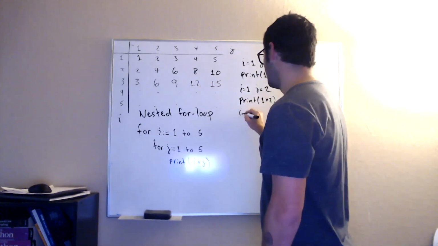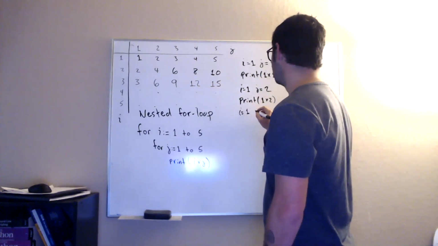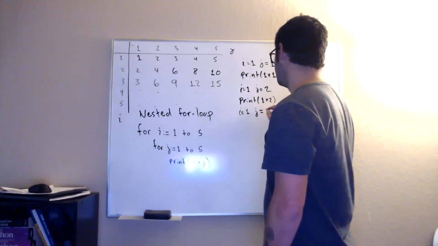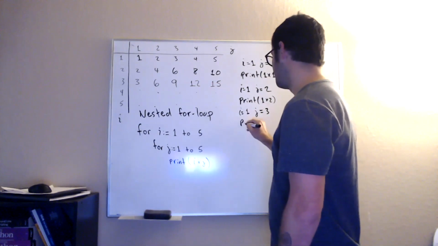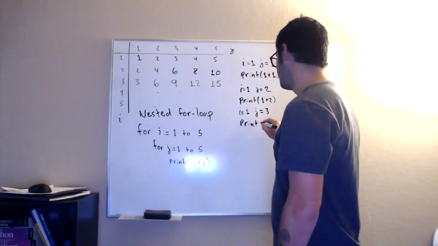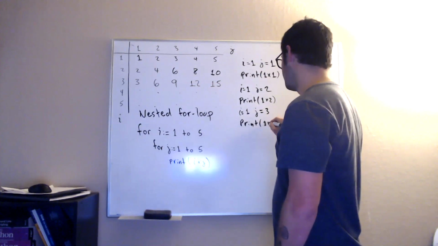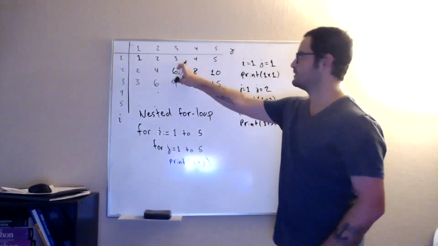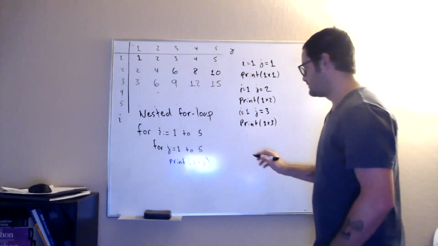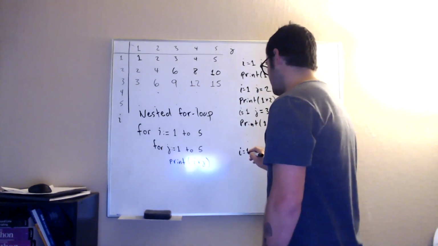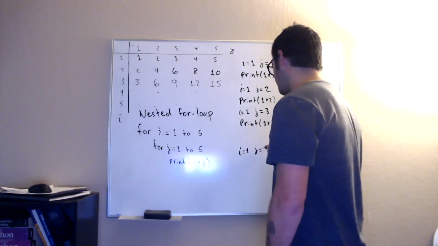So I is equal to 1 still, but now J is equal to 3. Then we'll print 1 times 3. That'll give you that entry there. And we do this until we get I equal to 1 and J equal to 5.